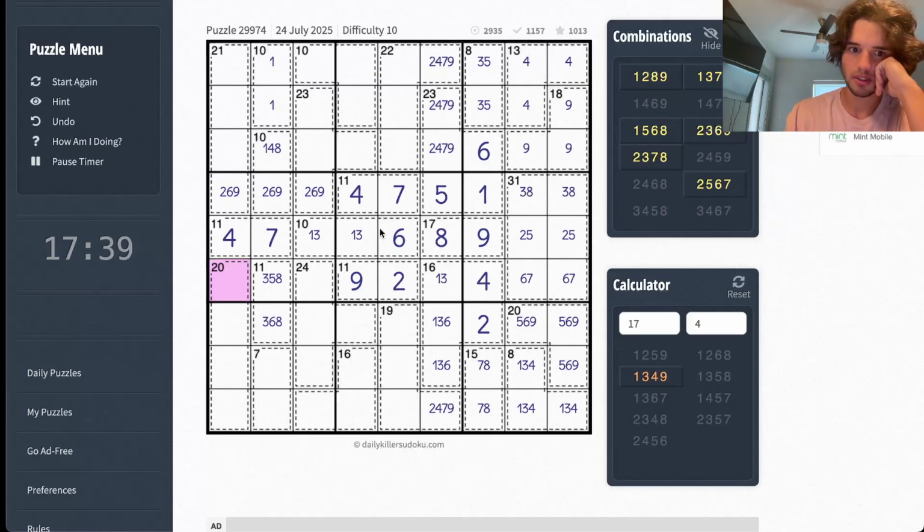Really grasping at straws now. 4's gone from here. And now, sixes are gone from here.